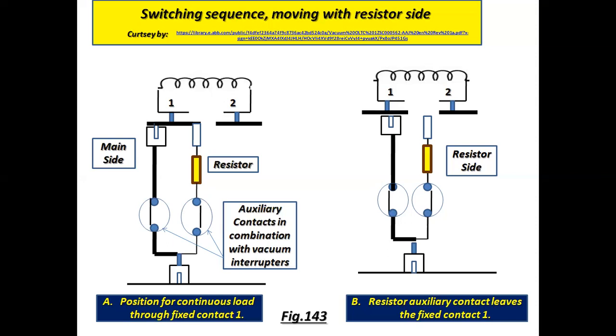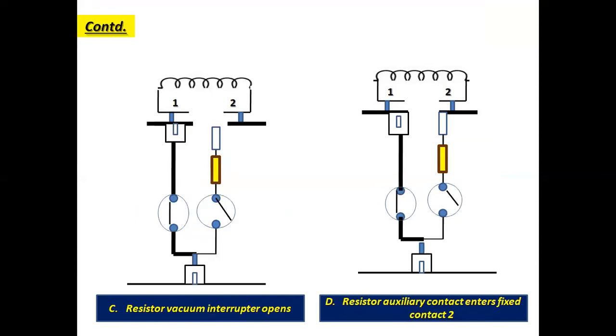That is, resistor side is shifted towards the tap number 2. C, resistor vacuum interrupter opens.